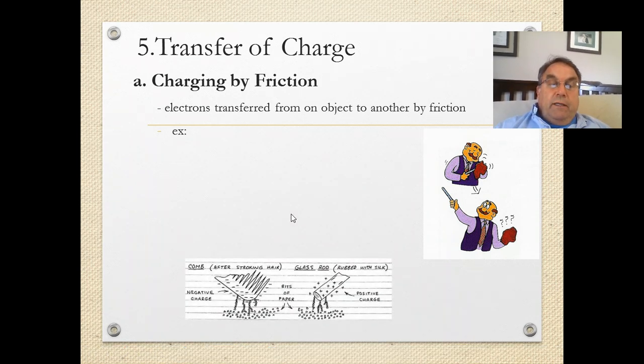So you'll see objects that will dance around and be attracted to something like a comb or a glass rod. And what's interesting is that even though they have opposite charges, the bits of paper, which are neutral, behave similarly. Okay, and we'll talk about why in a minute.